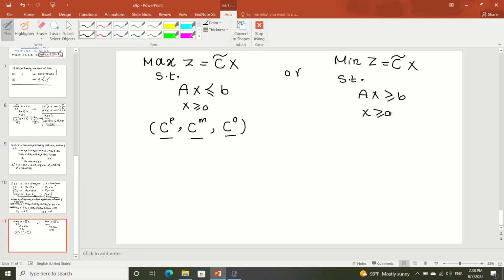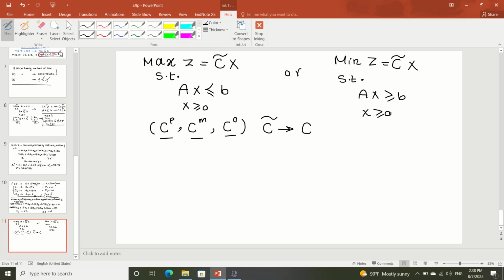Some researchers proposed you can convert the fuzzy C to the crisp C using the averaging of these triangular fuzzy numbers.